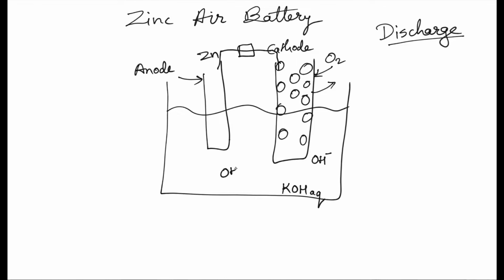The negative ions at the anode will combine with zinc to form zinc hydroxide. Formation of these ions will give off two electrons at the anode, and these electrons then travel to the cathode. Now these electrons combine with this O2 from air.